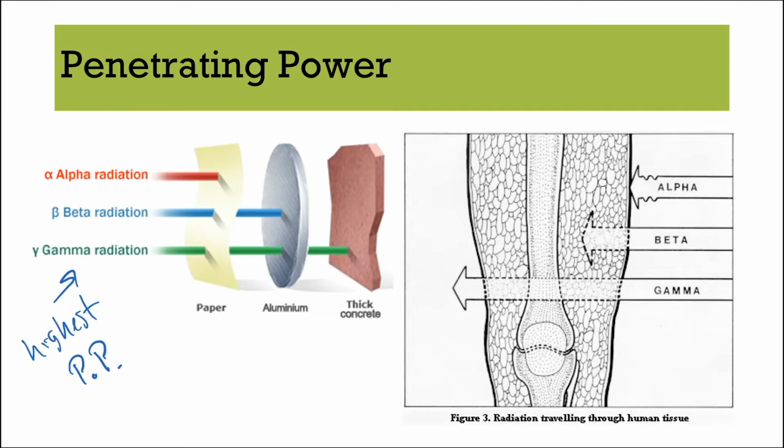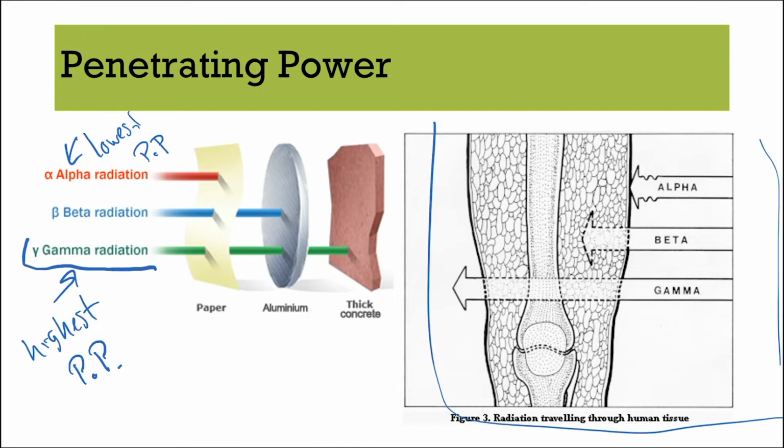This is why nuclear power plants like Chernobyl and other places are surrounded by giant thick walls of concrete. An alpha particle, on the other hand, has the lowest penetrating power, and something as simple as a piece of paper will stop it. One of the reasons gamma radiation is so dangerous is that it can go right through your body.